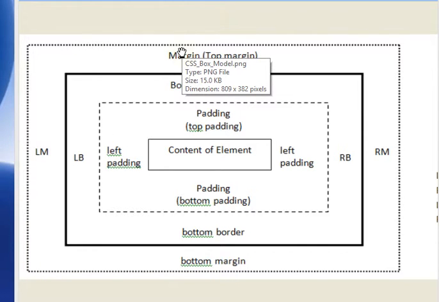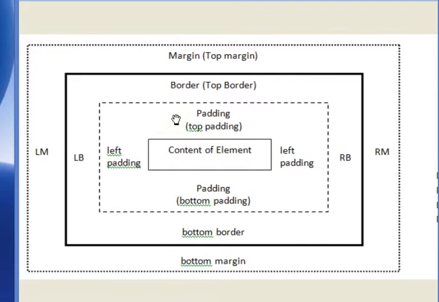So if we look clearly here, this is the actual content of an element, this is the border, and in between the content and the border there is the padding.